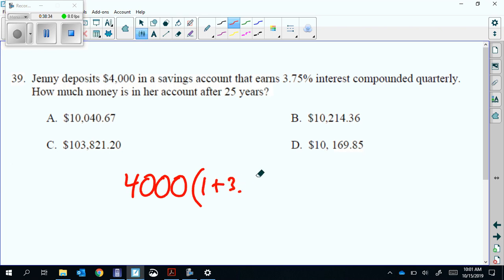So 3.75% will be 0.0375. Compounded quarterly. Compounded quarterly means 4 times a year, so every year we're actually splitting that into 4.